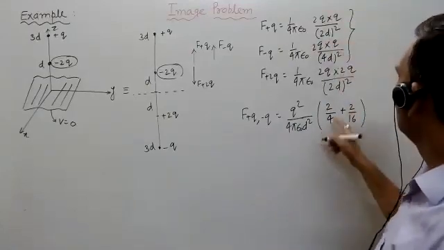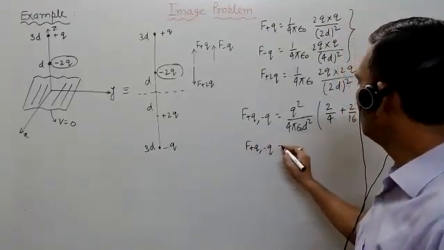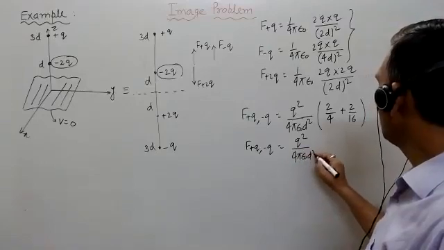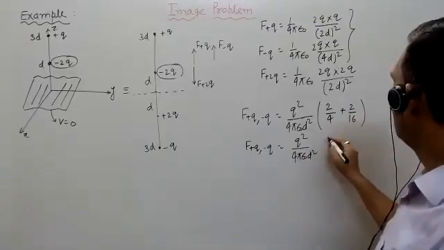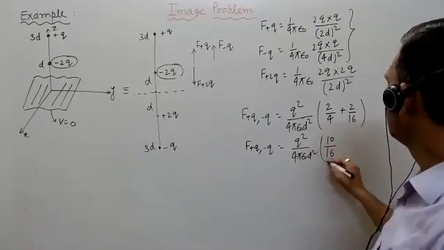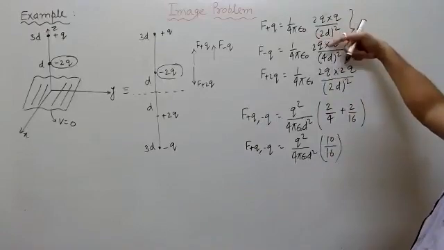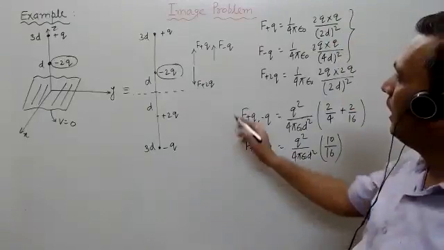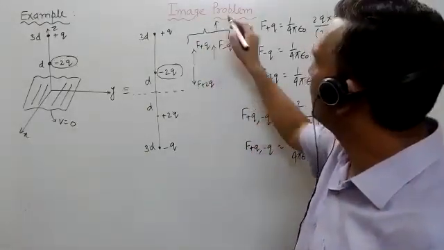So this will give you q square by 4 pi epsilon 0 d square, multiplied by 10 by 16. Is it clear? 10 by 16, because this is 2 by 4 and this is 2 by 16. Multiply with 4, 10 by 16. And this is the resultant of these two forces, that will be upward.